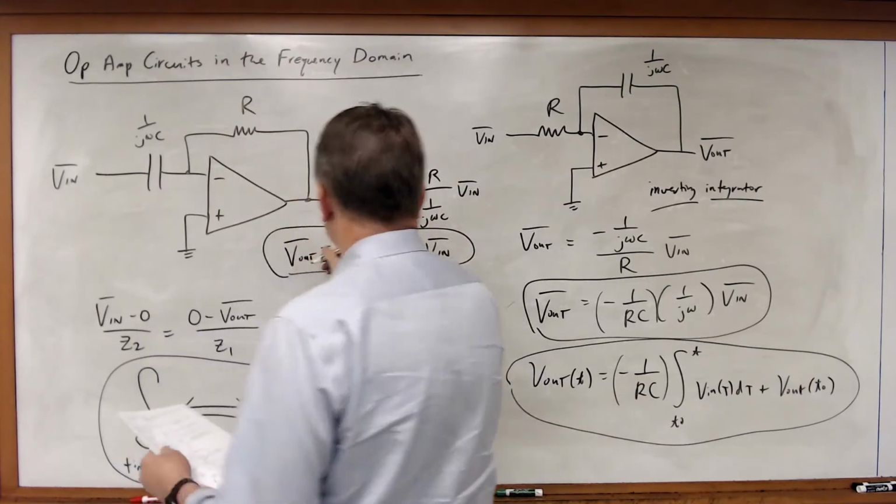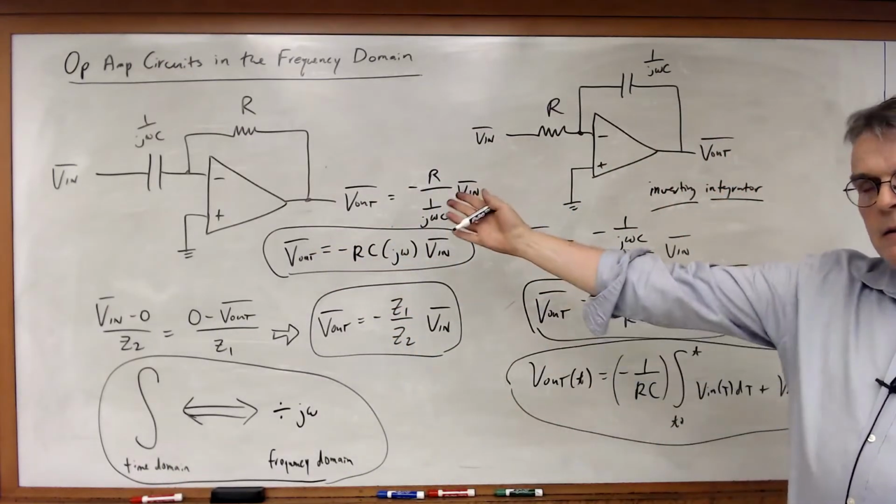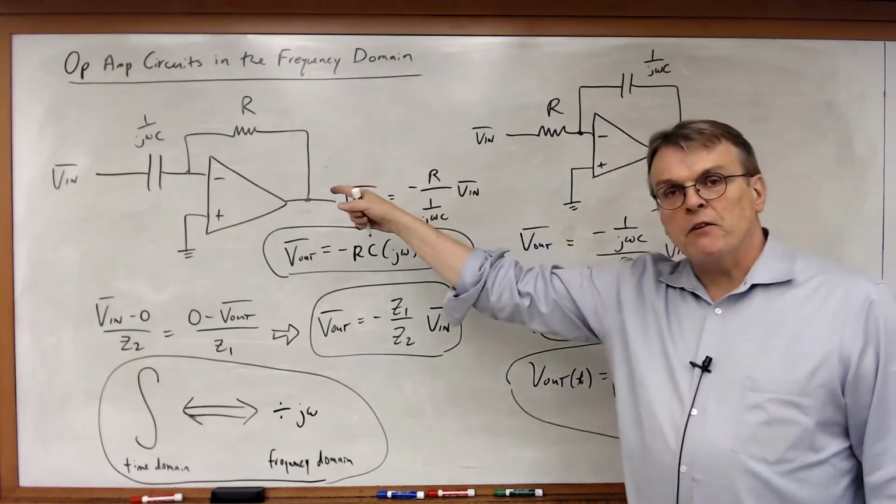So here's our relationship between V out and Vn for this circuit. And as we may recall, we've seen this circuit too. This is an inverting differentiator.